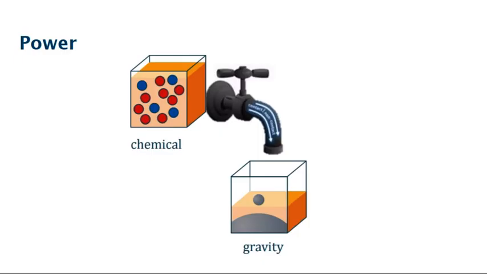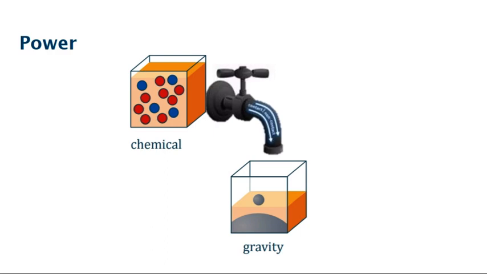So let's look at a more abstract example to do with energy. When you're lifting something up, then energy in the chemical store in your muscles is shifted into the gravity store when the thing that you're lifting is higher up than it was to start with.